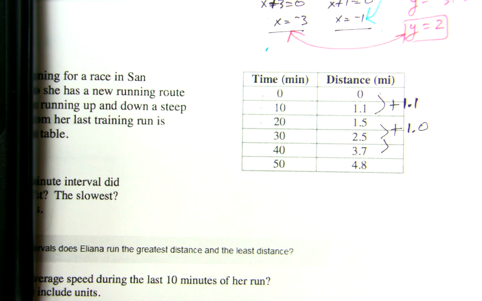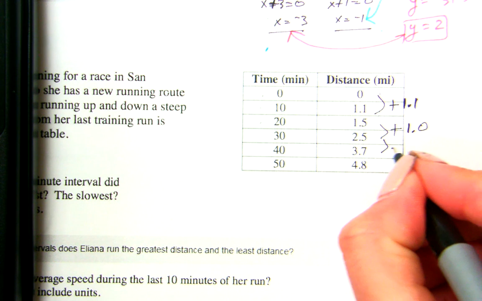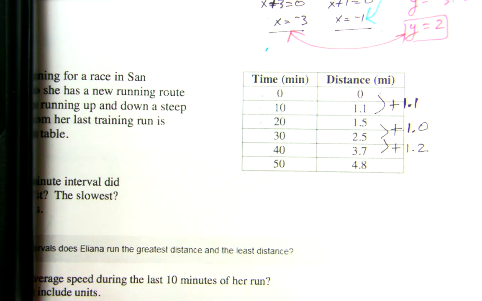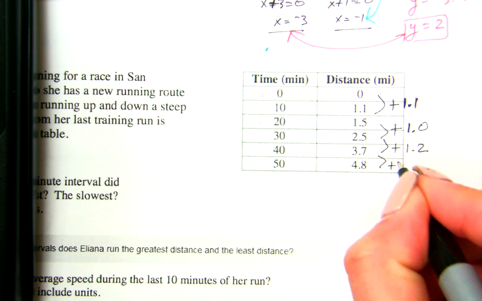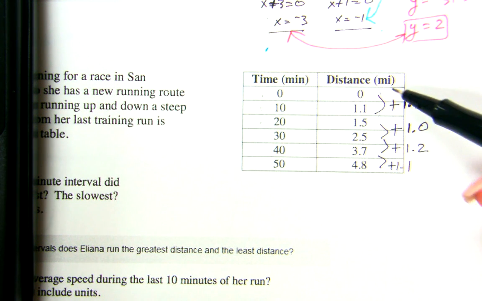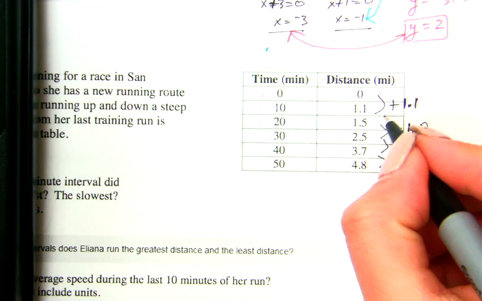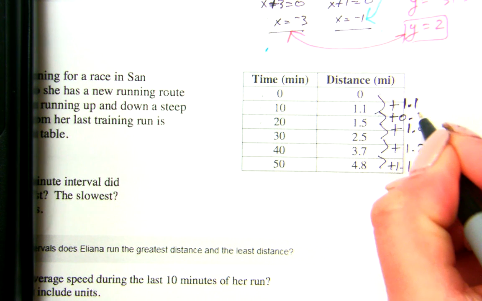The next one, 3.7 minus 2.5, is an increase of 1.2. And the last one, 4.8 minus 3.7, is an increase of 1.1. I forgot 1.5 minus 1.1; this is a 0.4 increase.